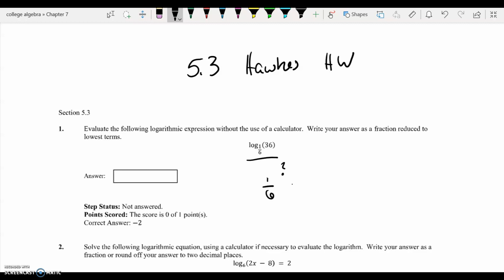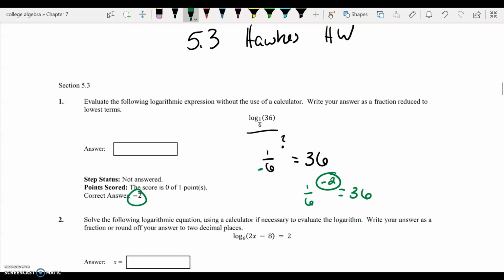I got to figure out what is going to give me 36. We've done this before on the homework. This is one of the written homework ones. Look at the bottom. 6 to the what is going to give you 36? Well, 6 squared gives me 36. But because it's a fraction, it's going to be 1/6 to the negative second equals 36. So negative 2 is my answer, and that's why it's over here. So that's how you would solve those.